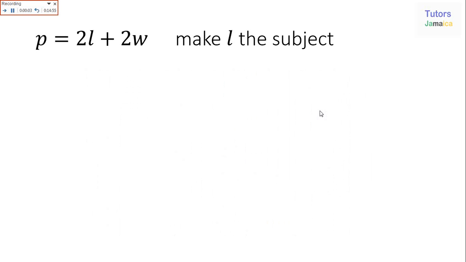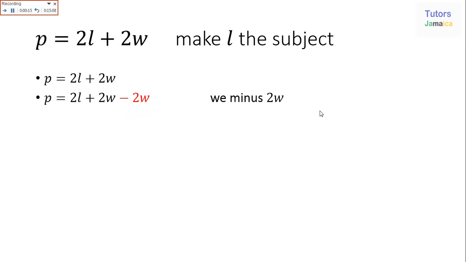P equals 2L plus 2W, and we're going to make L the subject of the formula. So we write down our equation: P equals 2L plus 2W. What we need to do is get rid of 2W on the side with 2L. So that's the first thing we need to do.